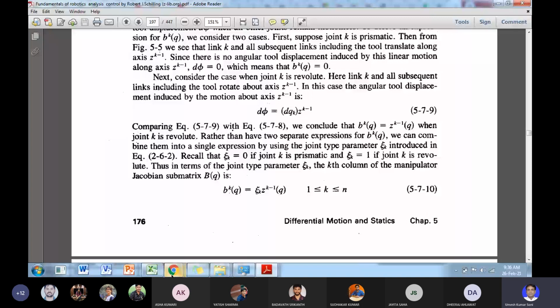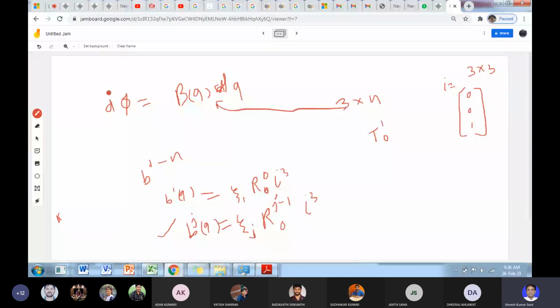So here you get this by this conversion matrix, and this is the 3 by n. It will have 3 rows and n columns, n columns for joints, n joints.